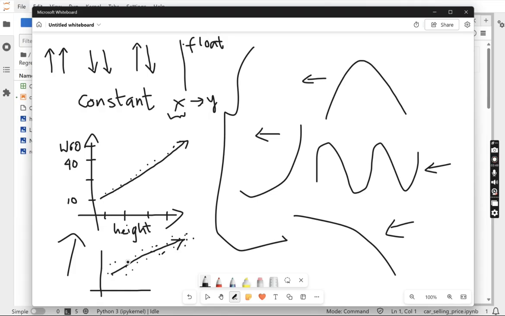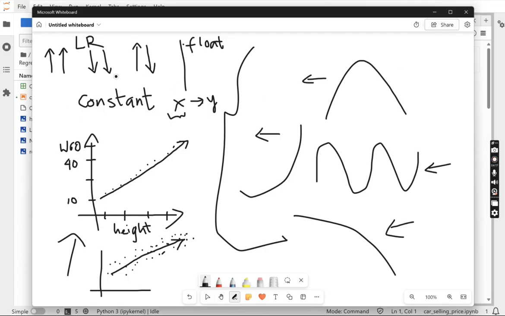You can't expect everyone to be 40 kilos at age 16. No, that is not possible. Some could be 50 kilos, some could be 30, some 60, some 70. So these points will be scattered, but nevertheless they will still exhibit a linear relationship. Only in those cases will you apply a linear regression algorithm.